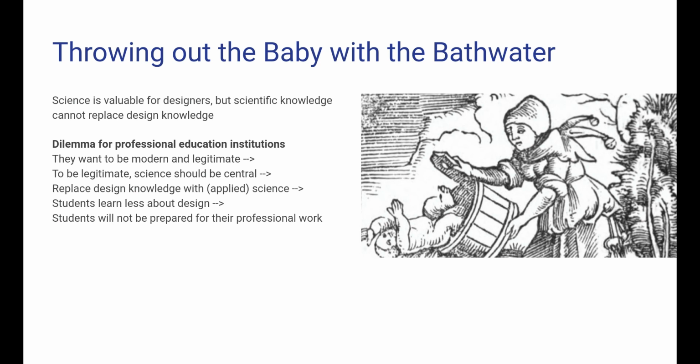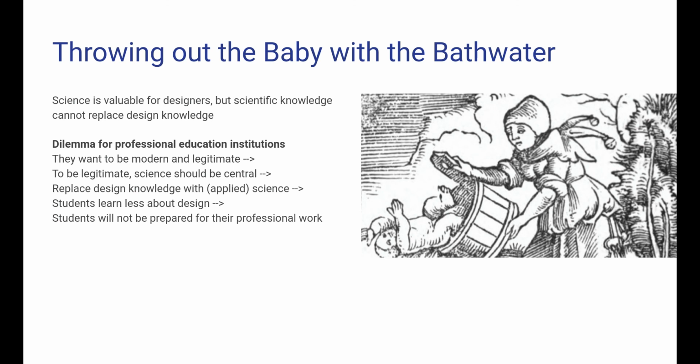So the professional education institutions face a dilemma. They want to be more modern and legitimate, and to be legitimate, they should make sure that science is a central part of their curriculum. And this means that they will replace design knowledge with applied science or science.